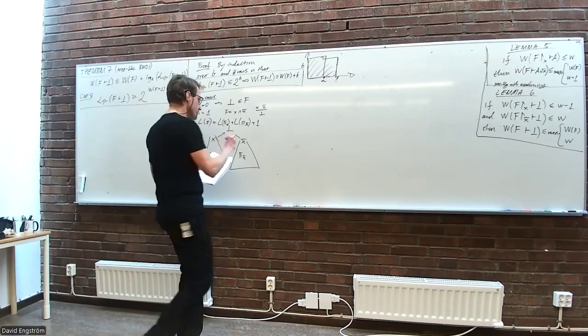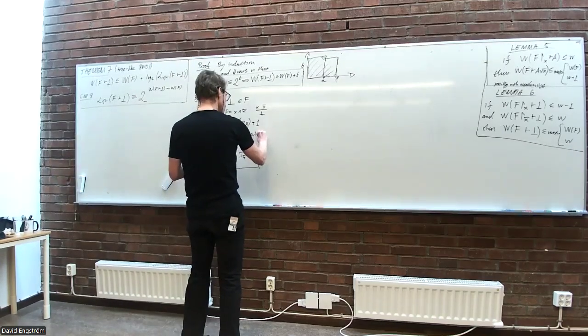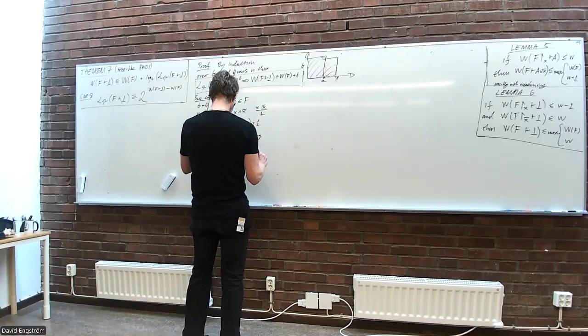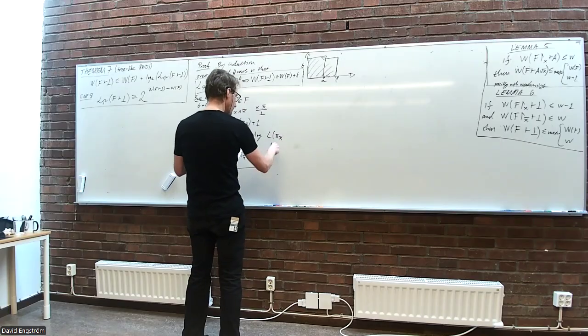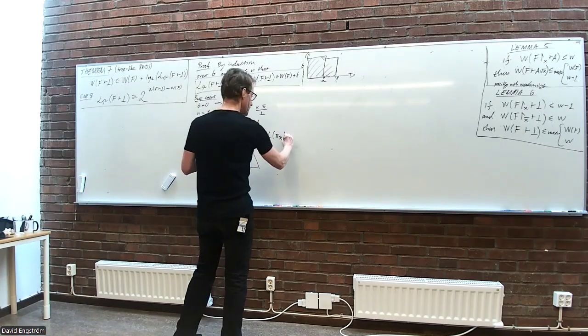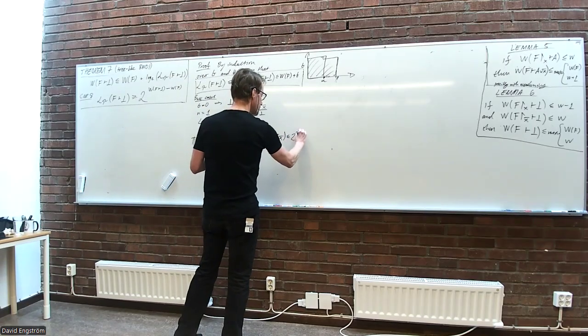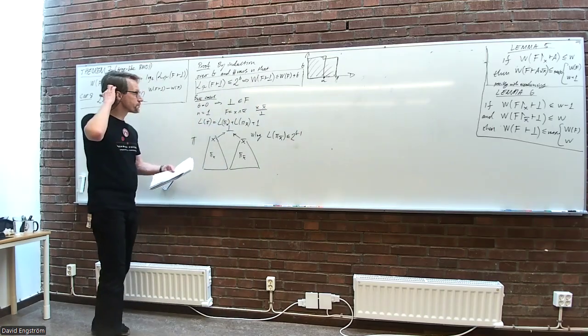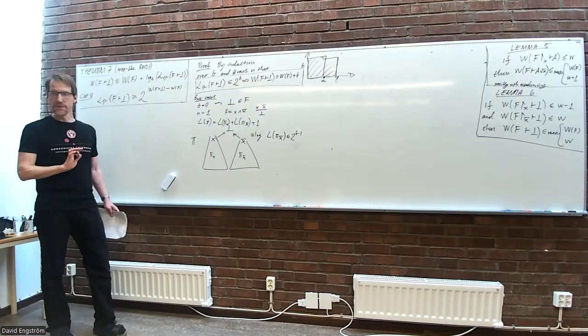Okay, so let's say without loss of generality that the length of this one is less than 2 to the b minus 1. Okay, but now we're done.